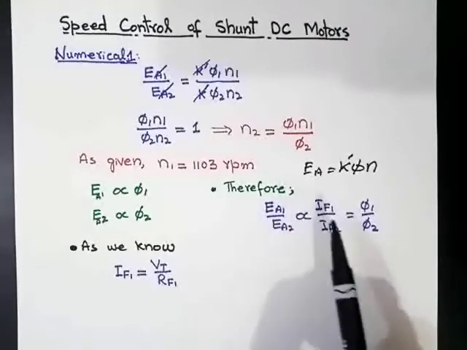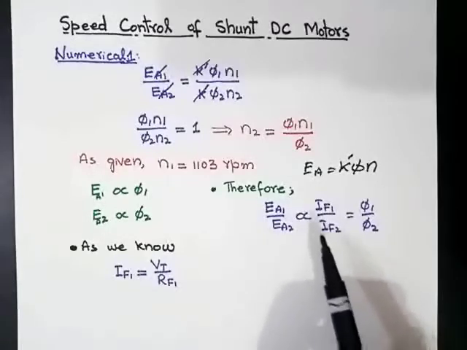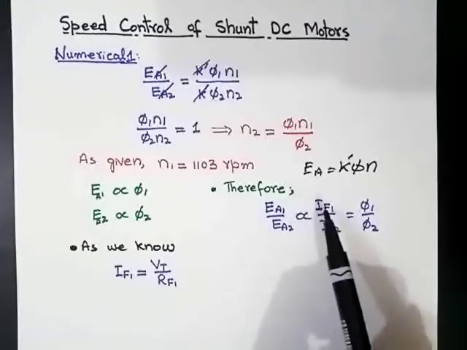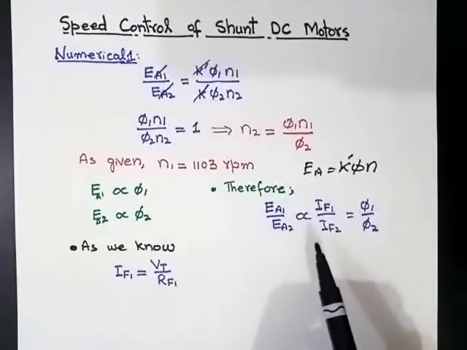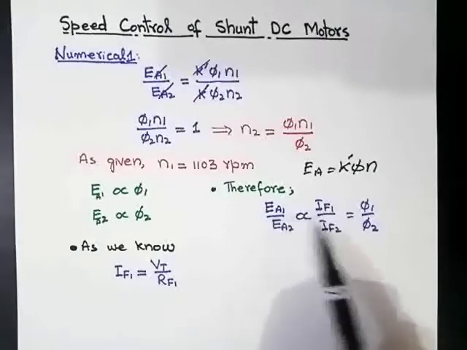Therefore, EA1 over EA2 is equal to IF1 over IF2, which is equal to flux 1 over flux 2, because these parameters are directly proportional.